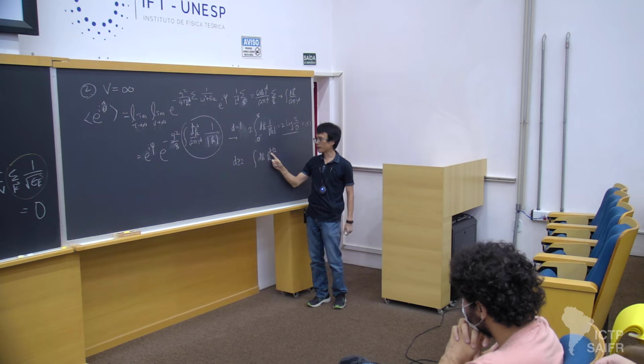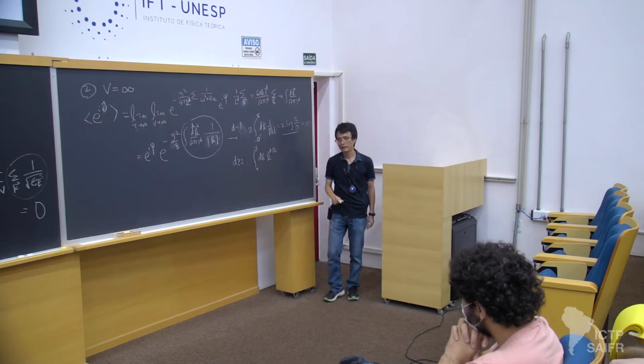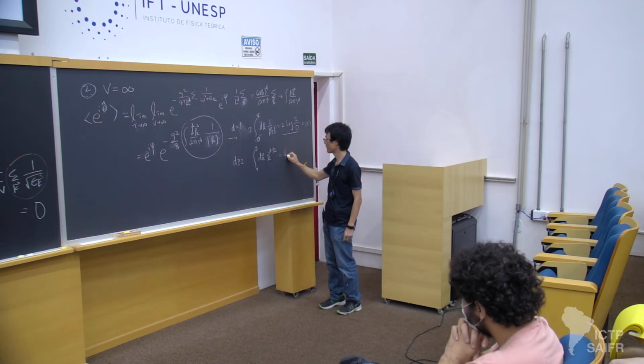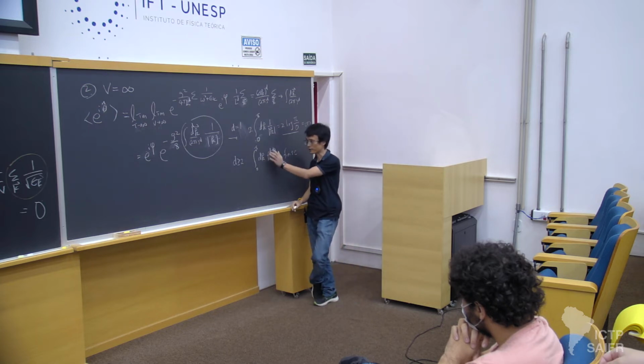And for d greater than 1, this is finite. This is convergent integration. Okay? So this is finite. Right? For example, for d equal 2, this is just constant. D equal 3 is linear. But because of the upper cutoff, it's just some finite number.